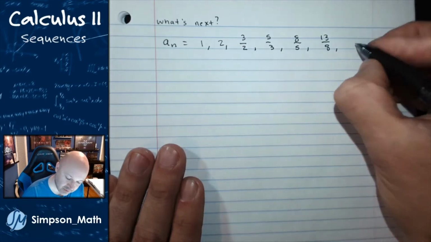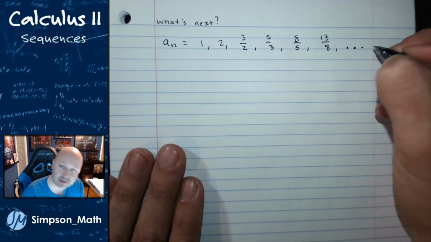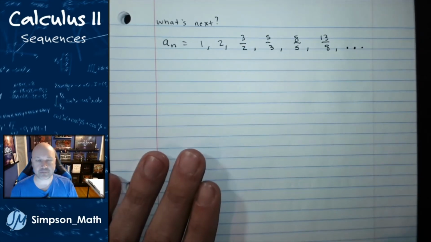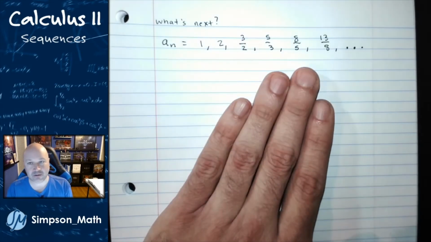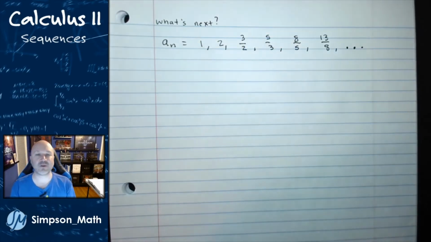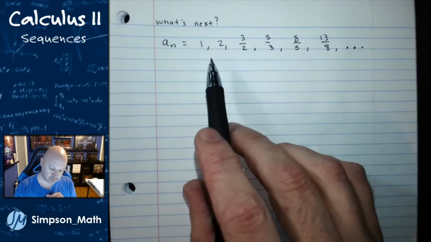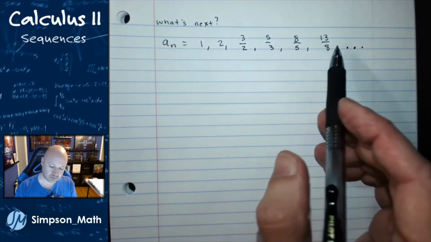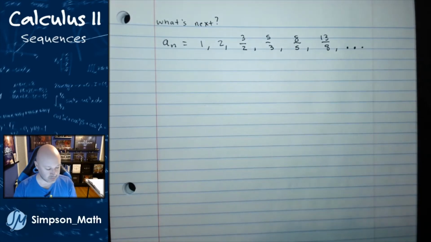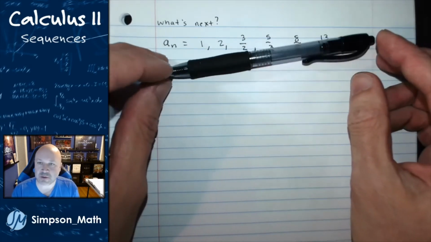I think enough is written down to get a pattern out of that. So do you see the pattern? If so, what's the next term in this sequence? What's the 7th term? If you don't see it, that's maybe okay.